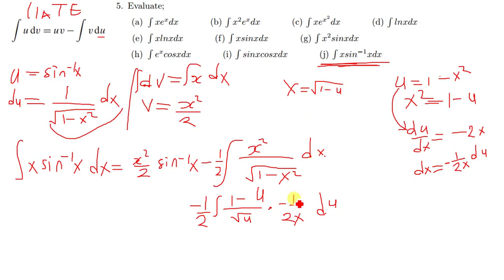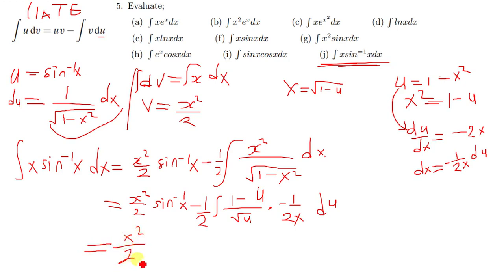So you can put your root of 1 minus u where there's x. So then when you multiply, you have something like this.